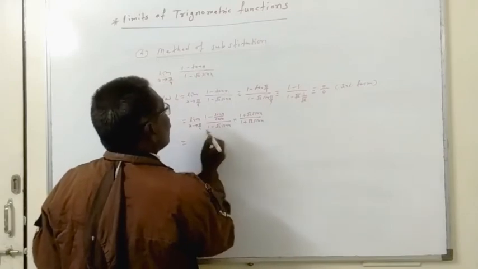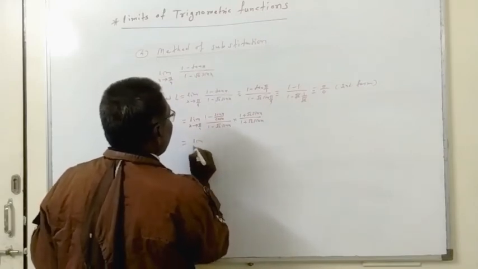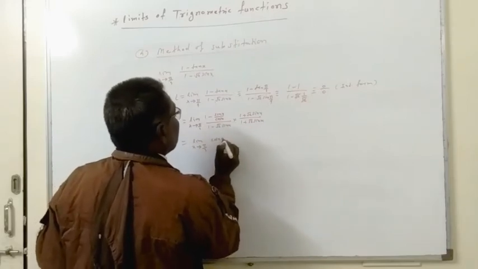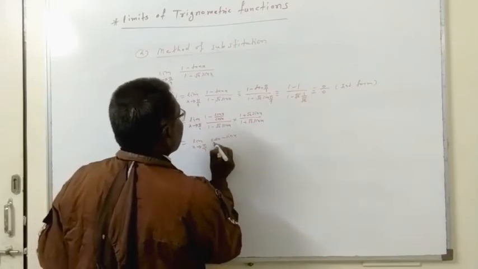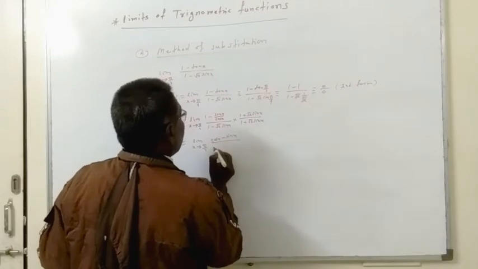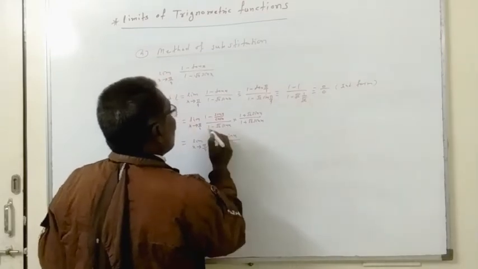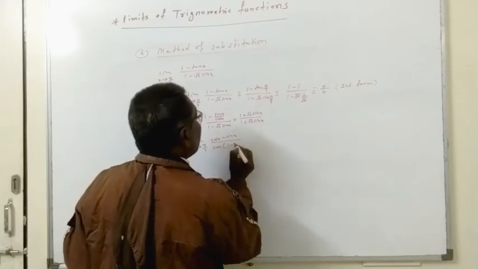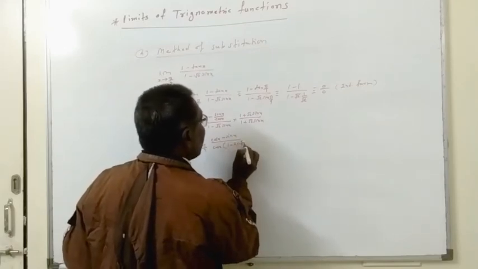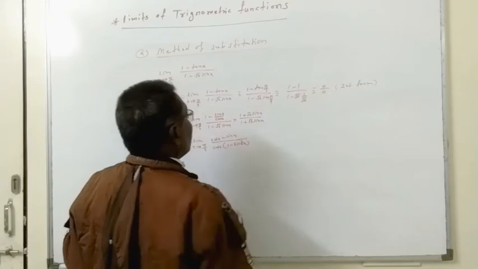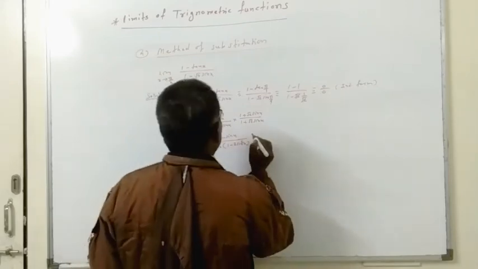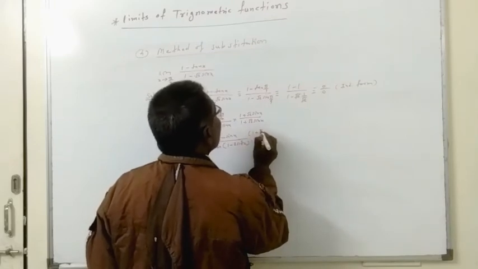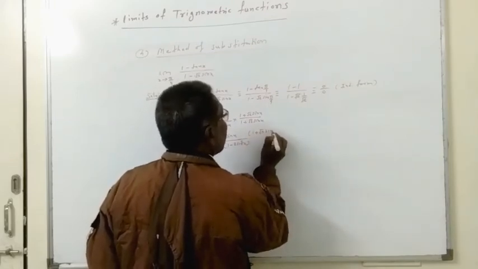So that is equal to limit x tends to pi by 4, (cos x minus sin x) divided by cos x. Now (1 minus root 2 sin x) into (1 plus root 2 sin x) gives 1 minus 2 sin square x, into 1 plus root 2 sin x.